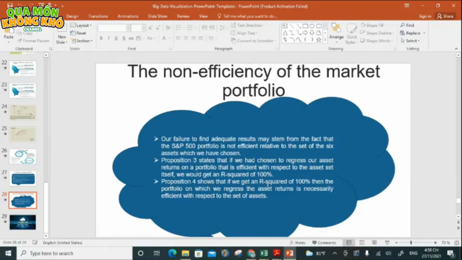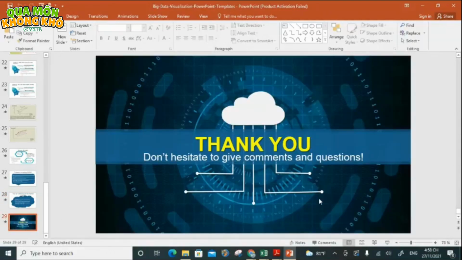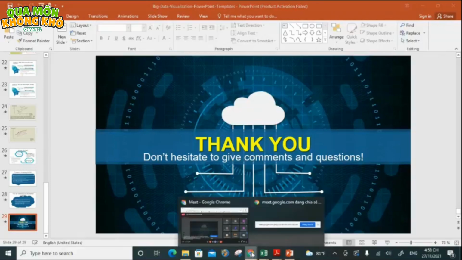And if we get an R square of 100%, then the portfolio we regress the assets' returns on is efficient with respect to the set of assets. And that is the end of our presentation.